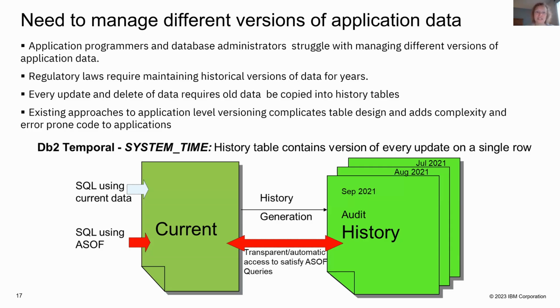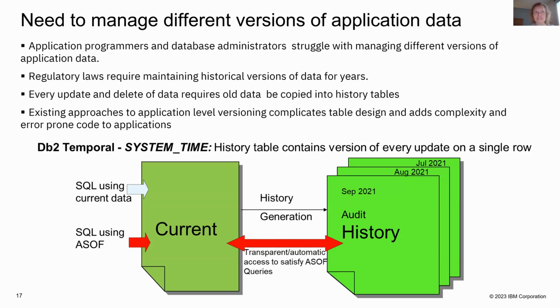So using DB2 temporal, especially system time, is not just interesting for the operational application itself, but it's also interesting to maintain data history in support of the data transformation pipeline and make data available to data consumers for AI, for reporting.